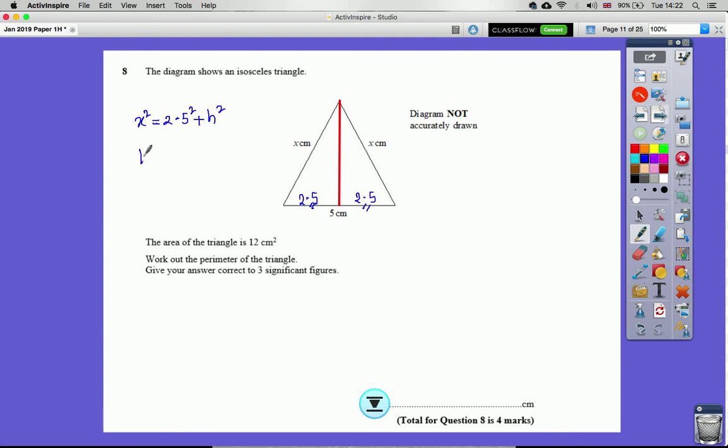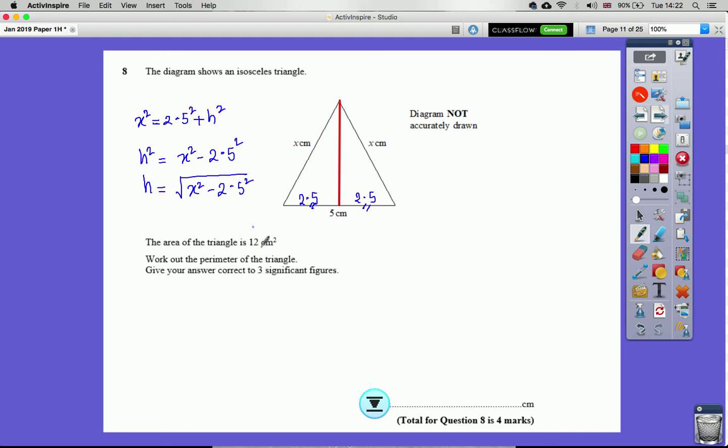Now the height squared is then x squared minus 2.5 squared. So the height of the triangle will be the square root of x squared minus 2.5 squared. That is the height of the triangle.